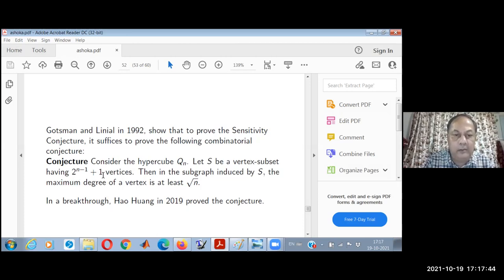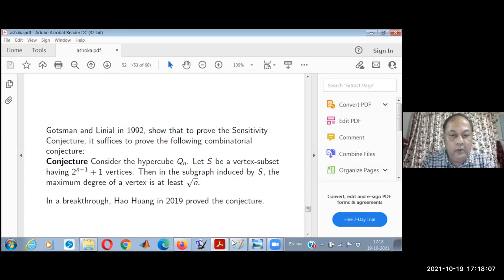In terms of the adjacency matrix, you just take the principal submatrix determined by those vertices. In that subgraph, you look at the highest vertex degree, and that is at least square root of n. That was the conjecture.